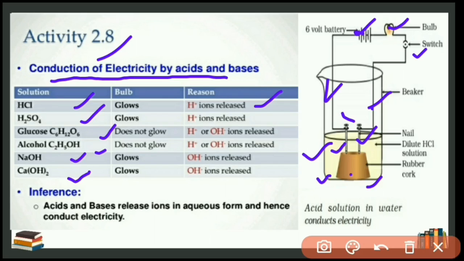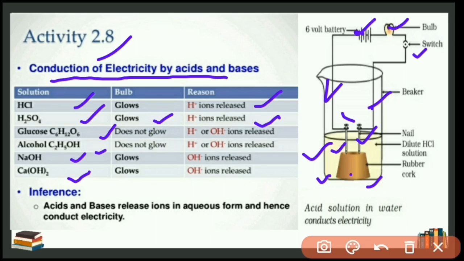This experiment is repeated separately with glucose, alcohol, sodium hydroxide and calcium hydroxide. For all these solution samples we repeat this experiment, and we observe that when we add sulfuric acid it releases H plus ions, and due to H plus ions electricity conducts and the bulb glows.